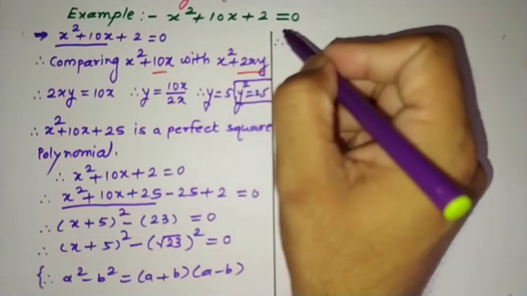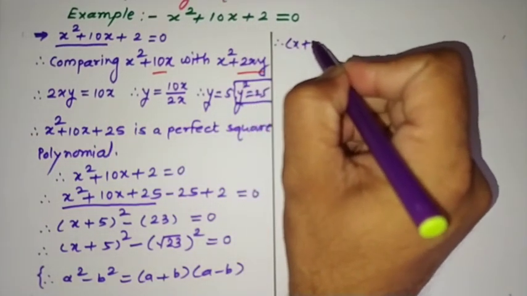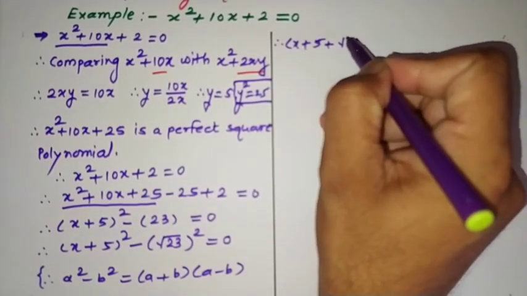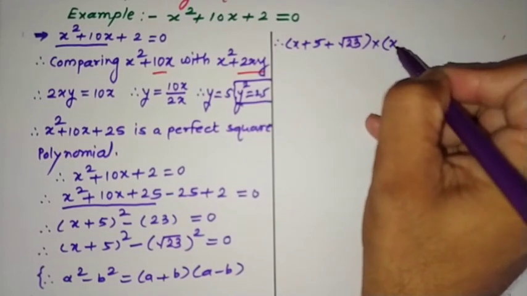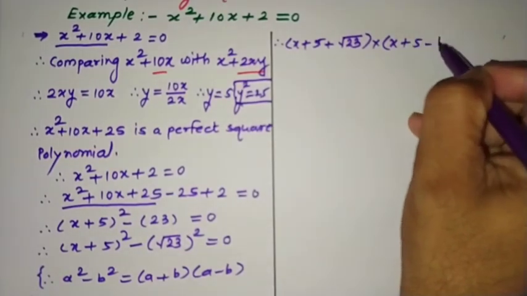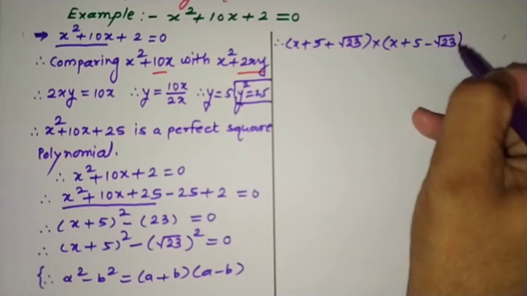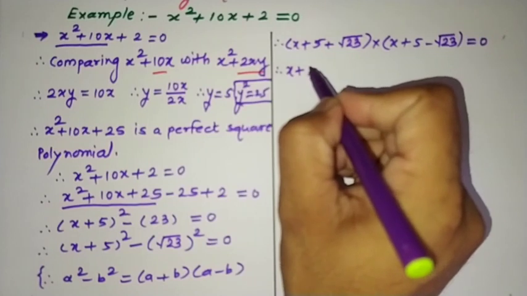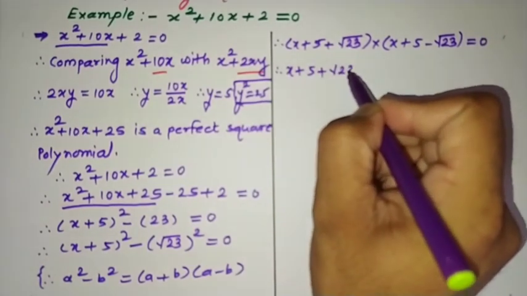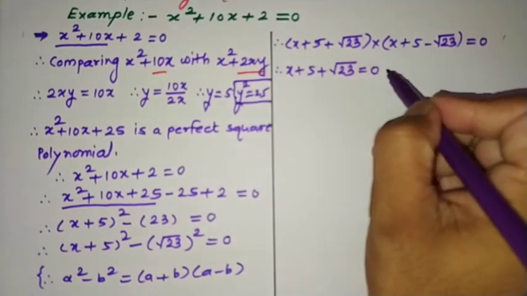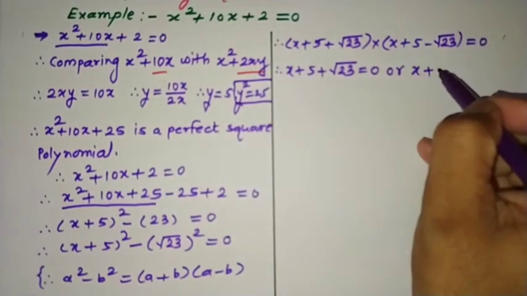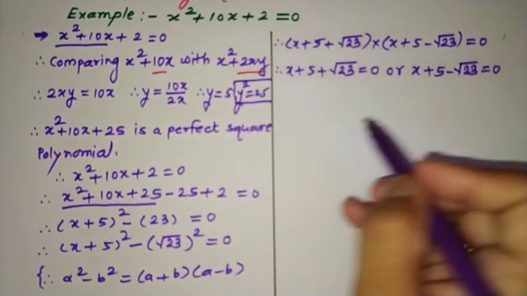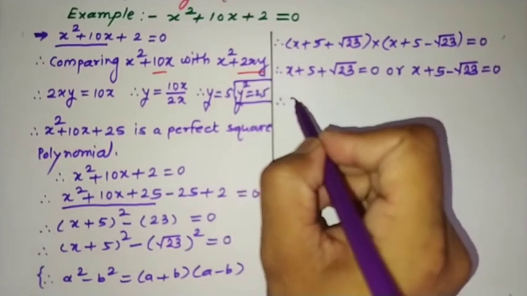Therefore write it in this form: (x plus 5 plus root 23)(x plus 5 minus root 23) is equal to 0. Therefore x plus 5 plus root 23 is equal to 0, or x plus 5 minus root 23 is equal to 0. Solve the linear equations and find the value of x.